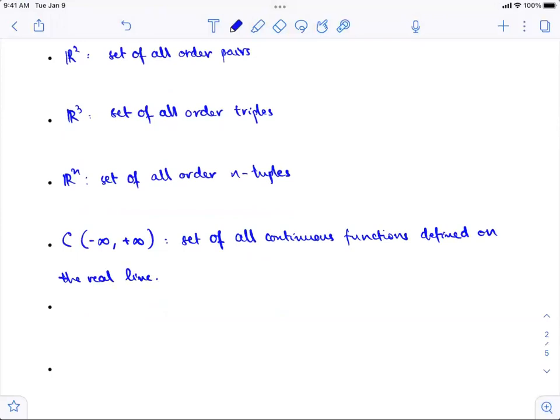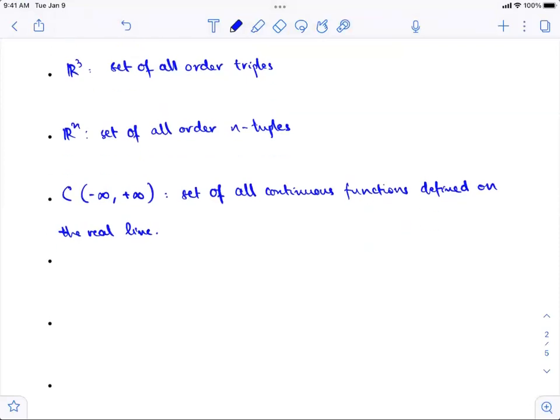So for example, you have the function x, which is a continuous function, and the domain of the function is from negative infinity to positive infinity. Or you can have, let's say, x squared or any polynomial function for that matter. You can also have sine and cosine functions. Those are continuous functions with domain from negative infinity to positive infinity. And of course, there are infinitely many functions like that, so they all get clumped into this particular set of all continuous functions defined on the real line.